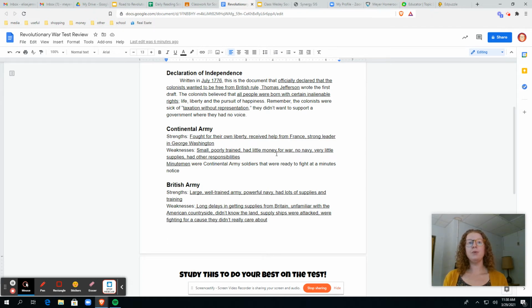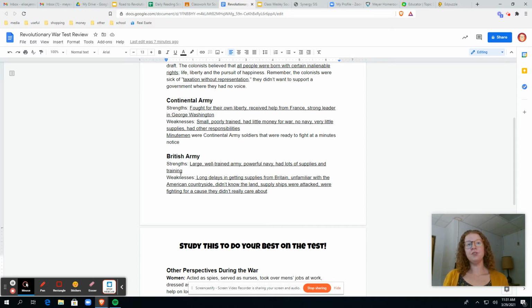Remember, most of the people in this army were just regular people up until this happened, and they asked for people to join. They said, okay, but didn't have the resources to train the people at first. They were called Minutemen because they were ready to fight at a minute's notice, right? They'd be out in their fields working, and they would run to help as quickly as possible.